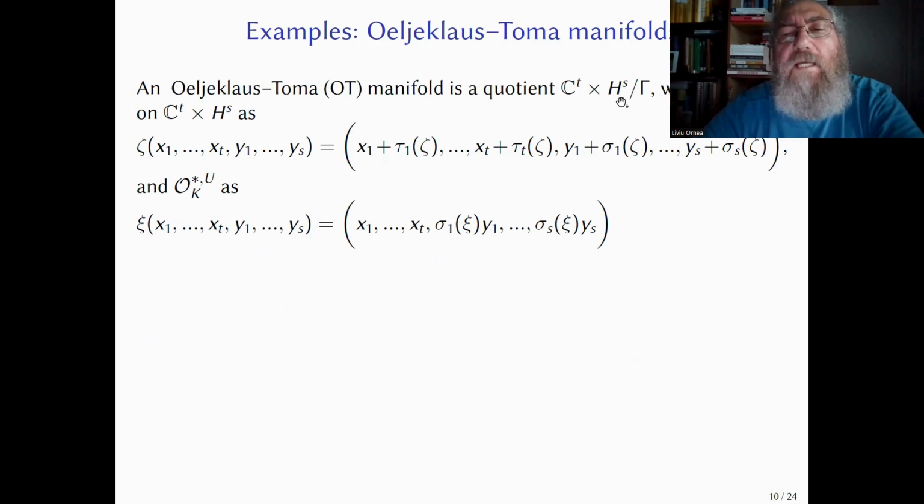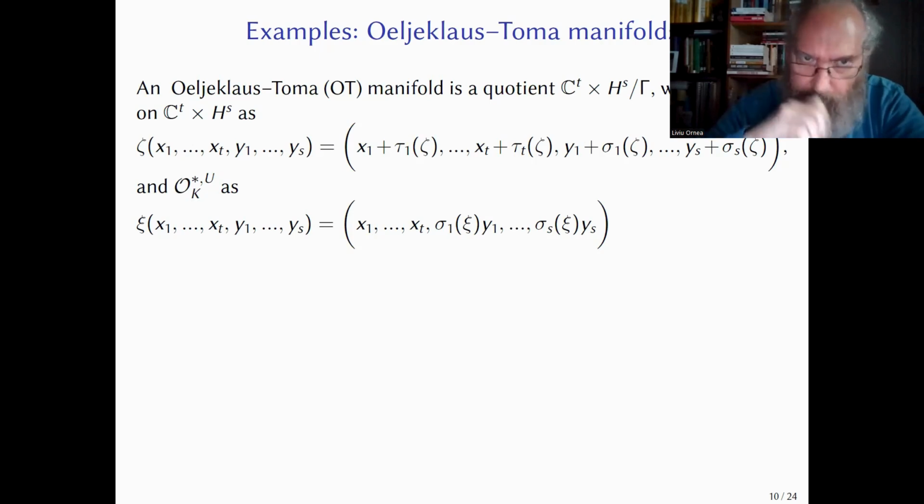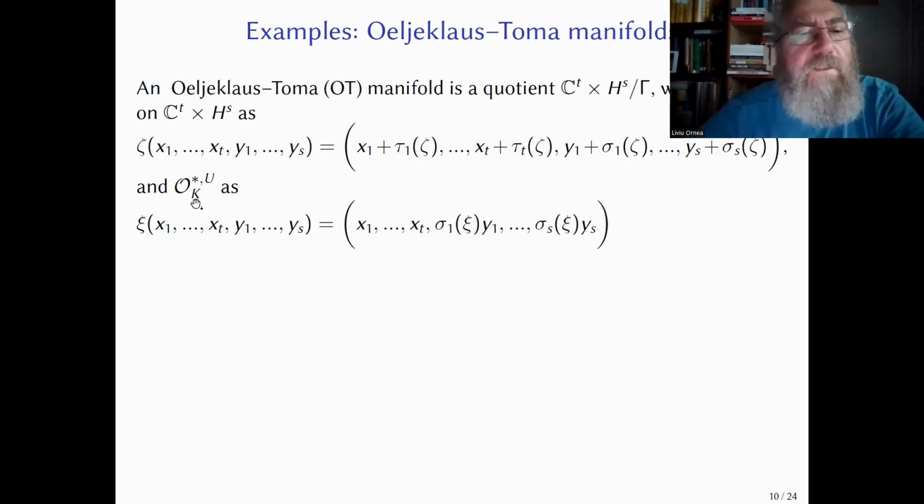So in fact, what you should remember is that the Oeljeklaus-Toma manifolds are quotients of C^T times H^S, where H is the Poincare half plane, by this group gamma, which is the semi-direct product of O_K plus and the invertible elements in the field, acting by affine transformations, by translations and by homotheties.